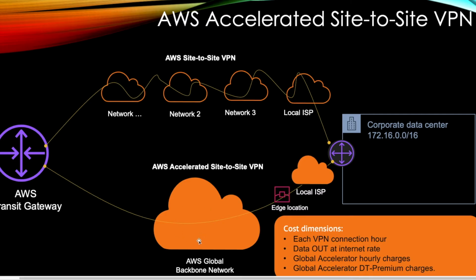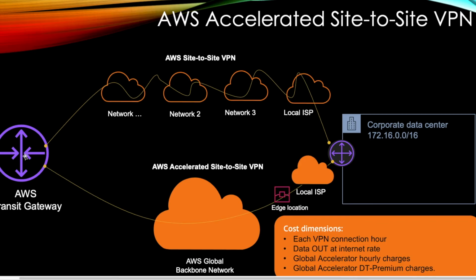They will charge extra money for providing the Global Accelerator, plus any data charges related to that. One thing to keep in mind is that to use AWS Accelerated Site-to-Site VPN, you have to use Transit Gateway. This option is not available in Virtual Private Gateway.